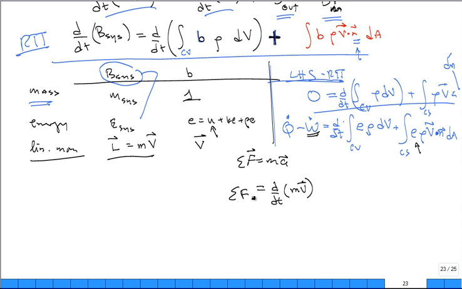Sum of the forces equal to the time derivative of m v, which is linear momentum. This is what you put on the left-hand side: the sum of the forces, equal to, on the right-hand side, a time derivative of a control volume integral and a control surface integral, where the lowercase b you replace by v.